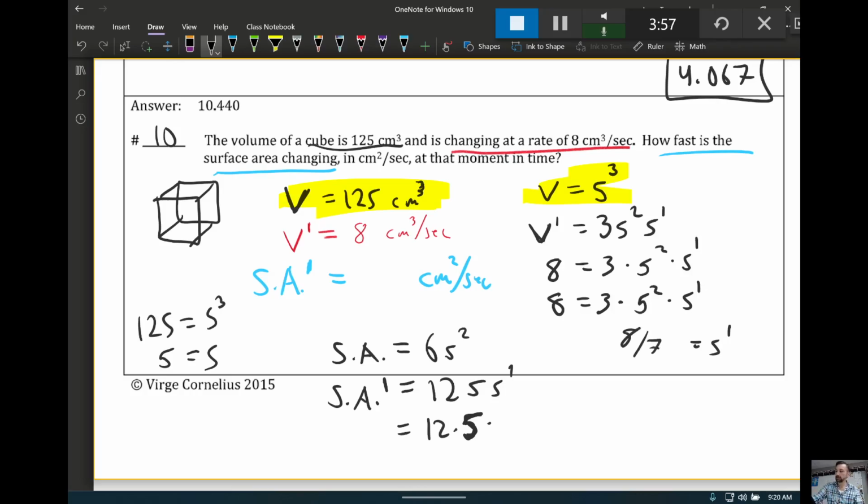So 8/75. Plug that in here and throw all of that in our calculator, and I got 6.4. So that one's kind of weird because you have to use the volume formula and its derivative to find some information, and you've got to use the surface area formula and its derivative to find the answer they actually want you to find.